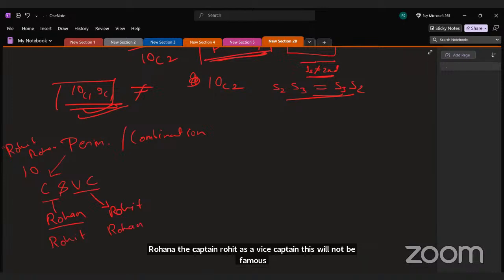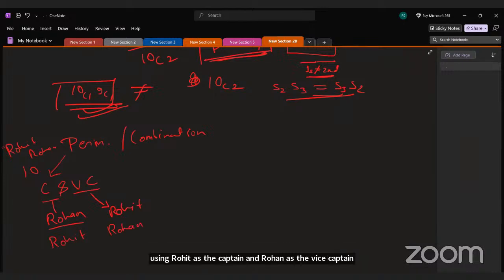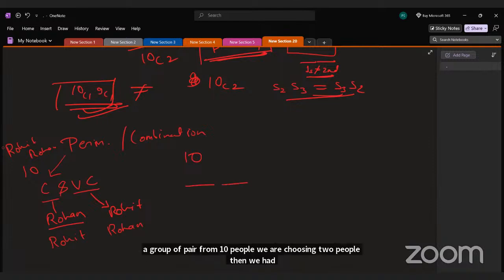But if we are making a pair, a group of two from 10 people, then we are not concerned about the position at which they are chosen.